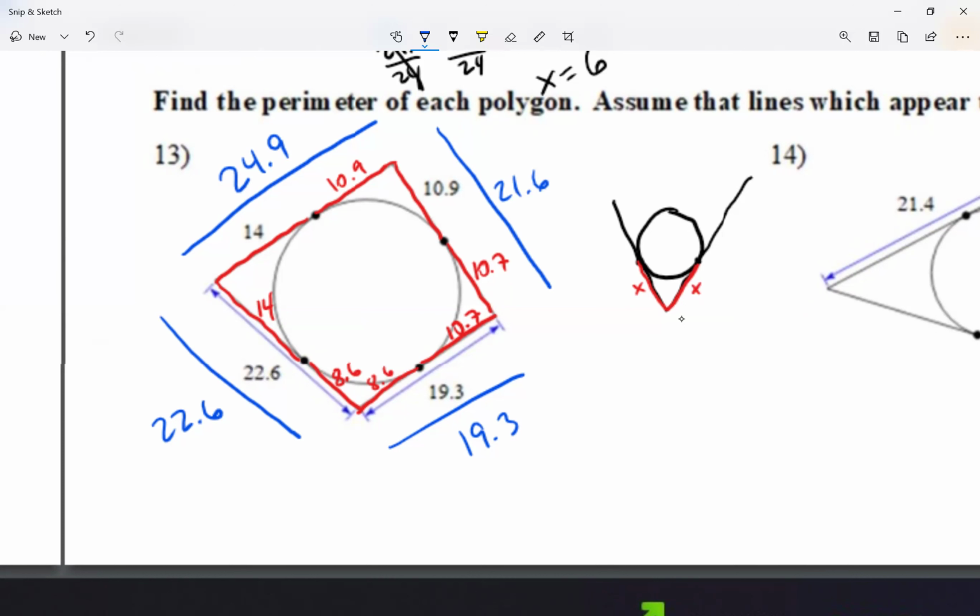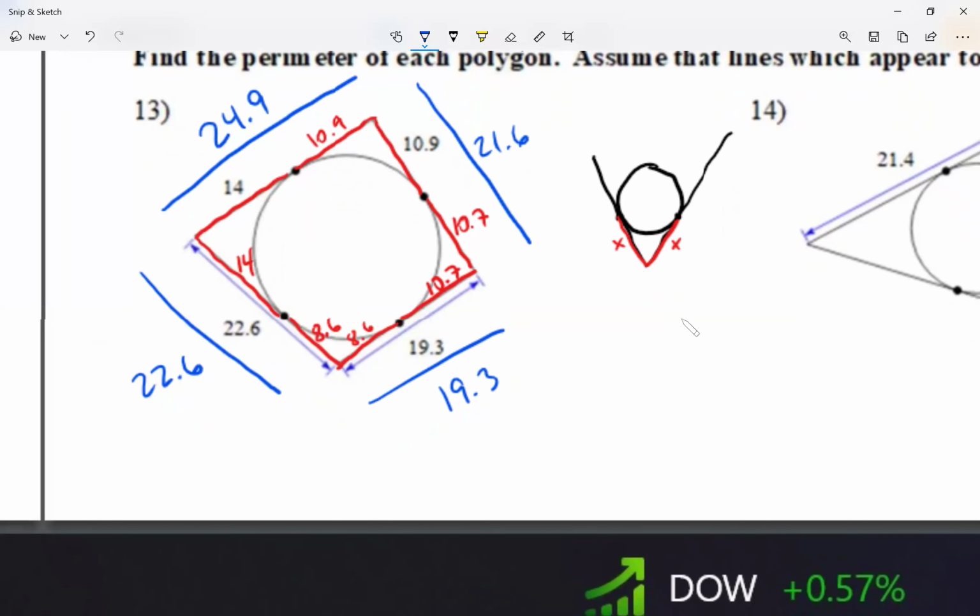Now to find out the perimeter of my polygon, let me add those 4 sides. So I'm going to go 24.9 plus 21.6 plus 19.3 plus 22.6. And all of this adds up to 88.4.